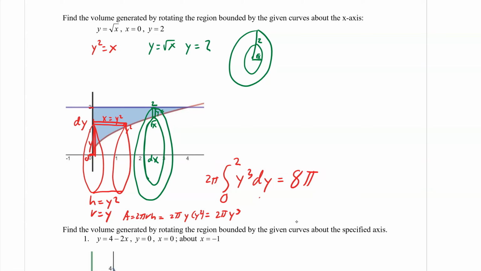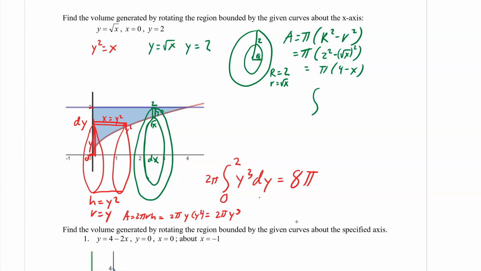And so then if you remember, our formula for that area is pi big R squared minus little r squared. So it's pi, and our big R is equal to 2, and our little r is square root of x. So that would become 2 squared minus square root of x squared, which should become pi times 4 minus x. So now if we do our integral, put the pi outside, we're again looking at x values.